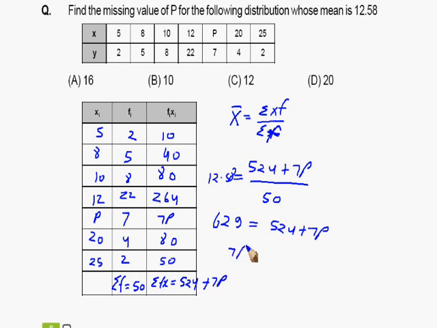So 7p is equal to 105, and p is equal to 105 divided by 7, which comes to be 15. So the value of p is 15. According to the options, option B is 15, so option B is correct.